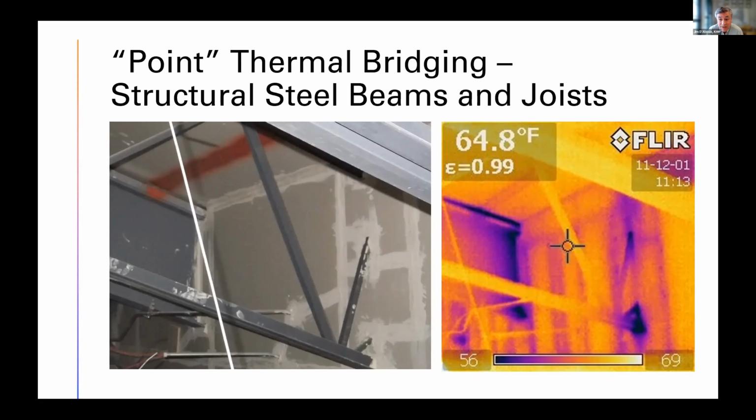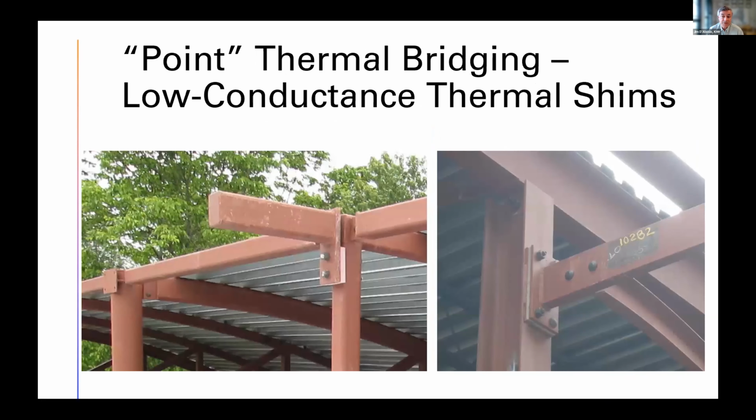There are a lot of buildings that have conditions like this because they don't reveal themselves as problems until a few years after construction. So point thermal bridging is not unimportant. In terms of overall numbers, it's not a big deal most of the time, unless it's continuous.